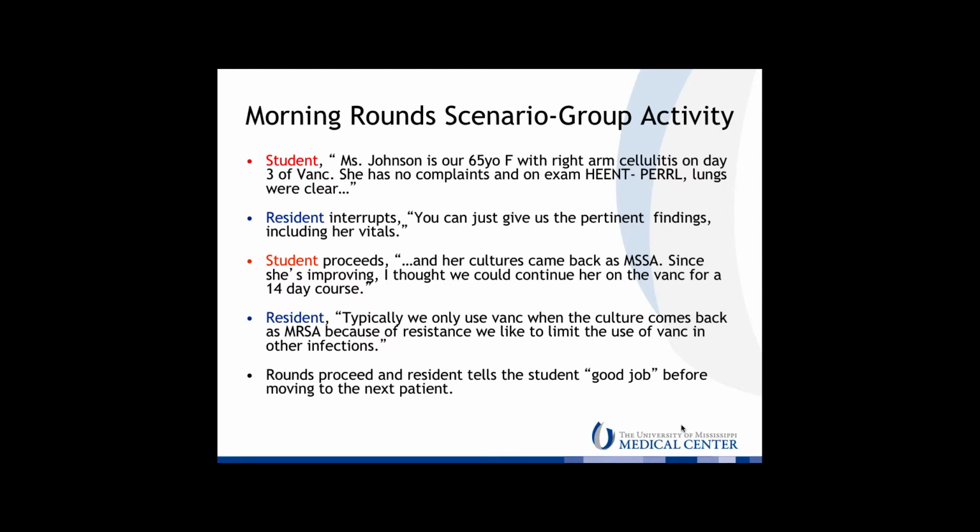Can anybody point out anything? Immediate feedback. Good. They gave immediate feedback, and specifically said you can just give us the pertinent findings, including her vitals. That was specific, immediate feedback, and it would be applicable not just to this student, but to others on the team.